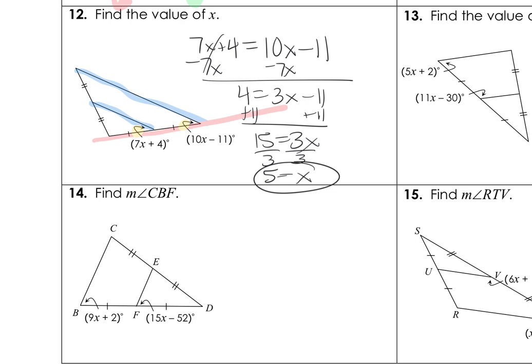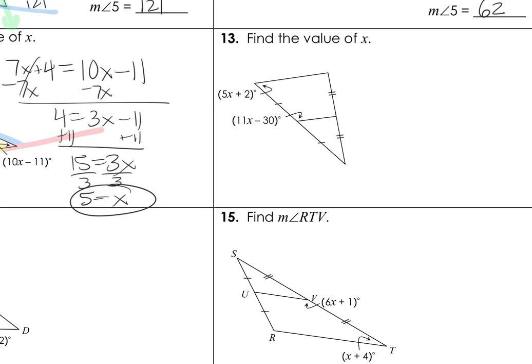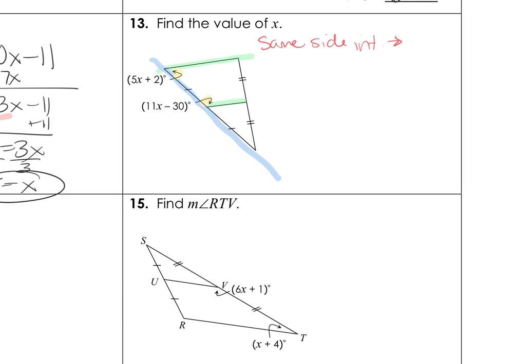Okay. Number 13, very similar. Again, you've got your mid-segment here, so it's parallel to this guy. That means I'm looking at my transversal. Now this is a little bit different because if you look at the angles, these are not corresponding. These are going to be those same side interior or consecutive interior, which means that these guys are going to be supplementary. We haven't seen that so far in this lesson.